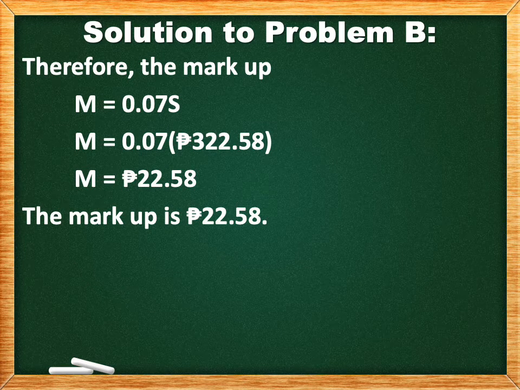If markup is 7% of the selling price, therefore, markup equals 7% times 322 pesos and 58 centavos. The markup is 22 pesos and 58 centavos. That is the answer to problem letter B.